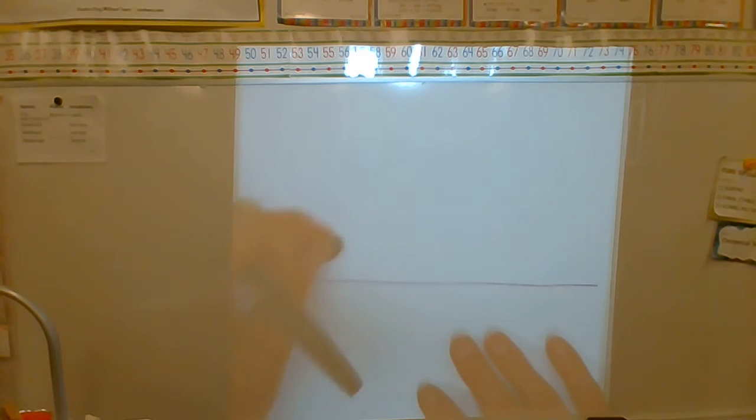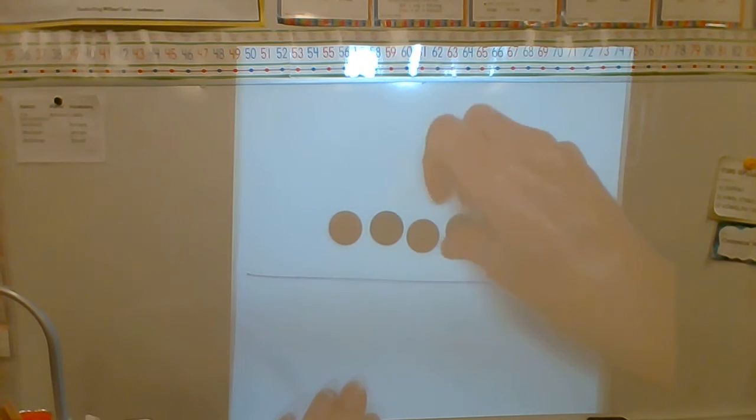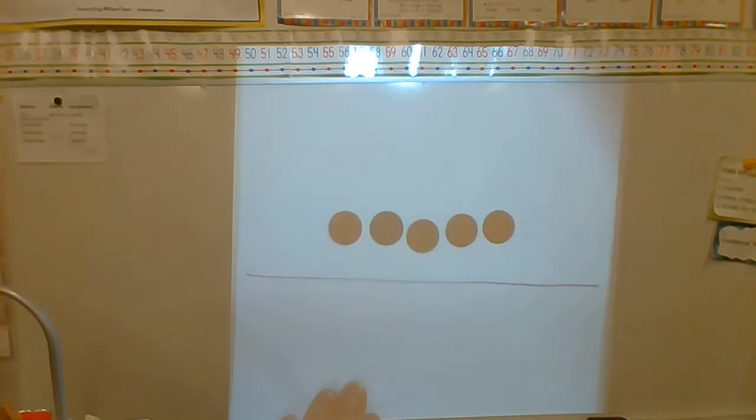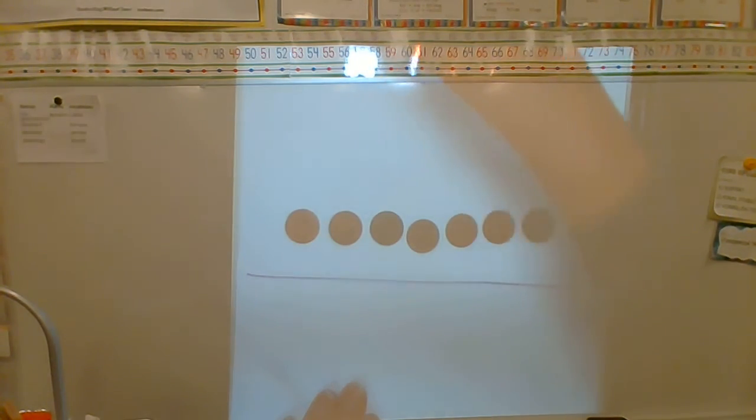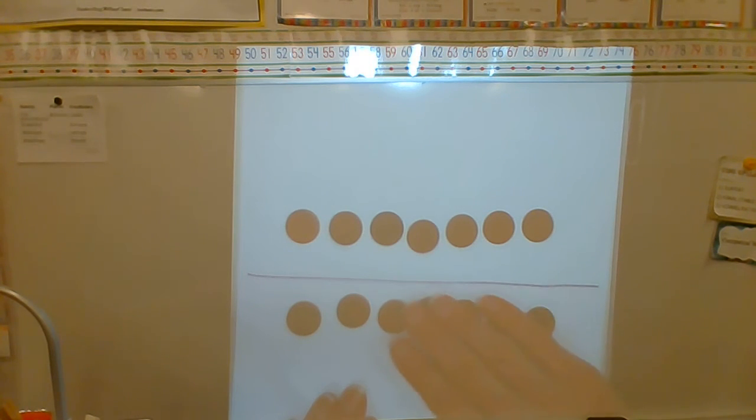So if I had 15 pennies to share evenly, I could have 7 for me, and slowly but surely 7 for my friend.